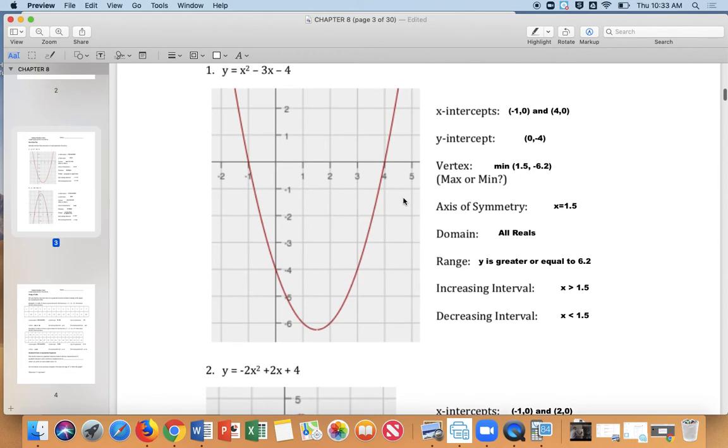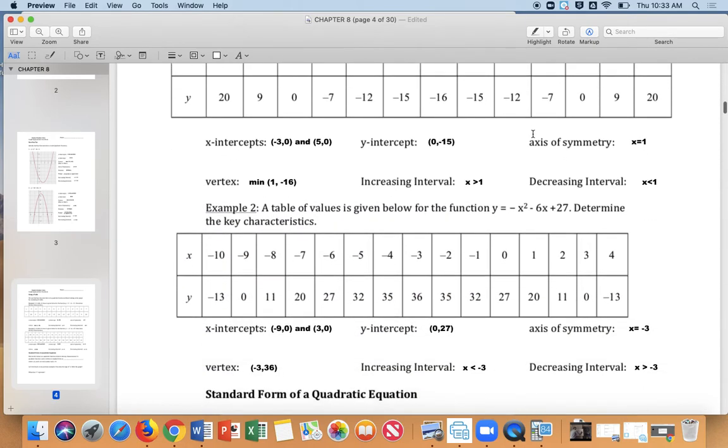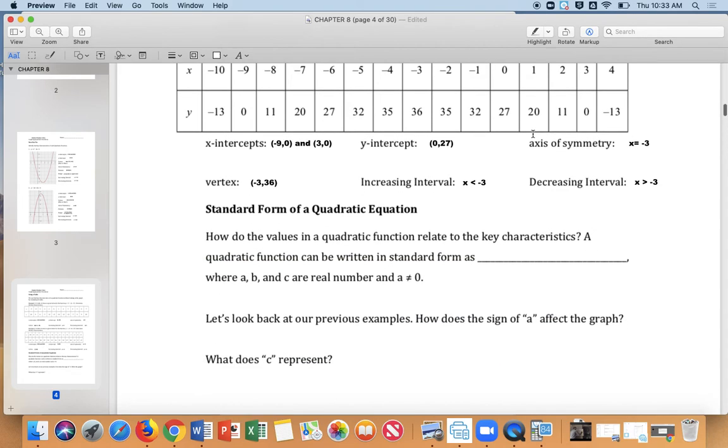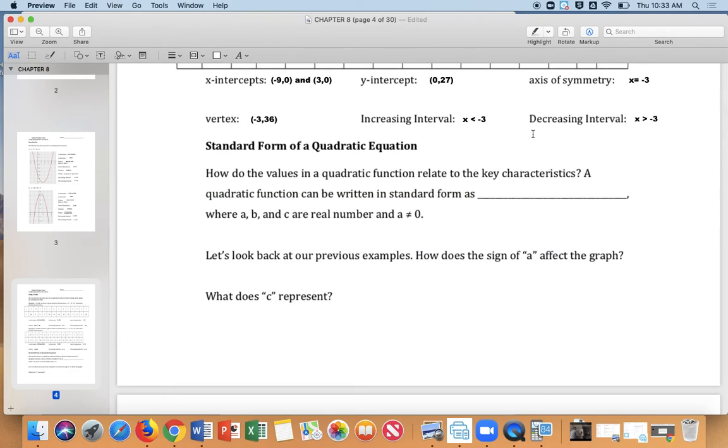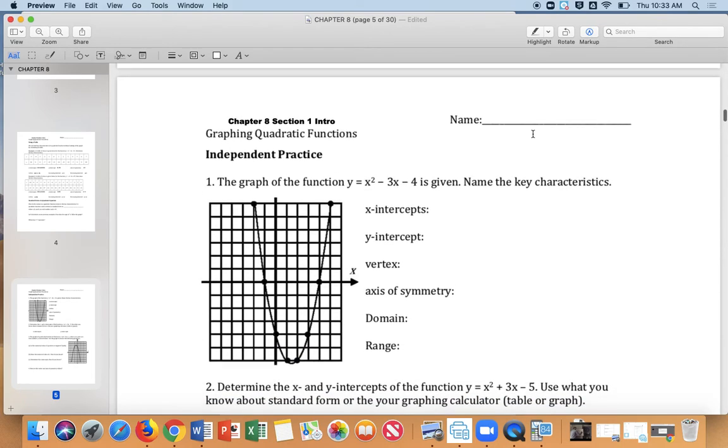So here, negative 4, negative 4. So there you have it. C is your y-intercept.